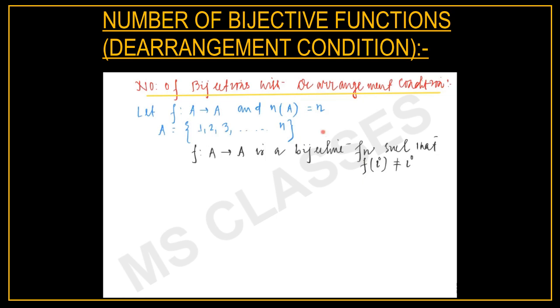That is, if you take an element here, the input and the output should not be the same. Here there are n cases, and with this we have found the formula for Dn. What is the formula? Dn equals n factorial times 1 minus 1 by 1 factorial plus 1 by 2 factorial minus 1 by 3 factorial, like this, up to minus 1 to the power of n into 1 by n factorial. So this will be the number of bijections under this derangement condition.